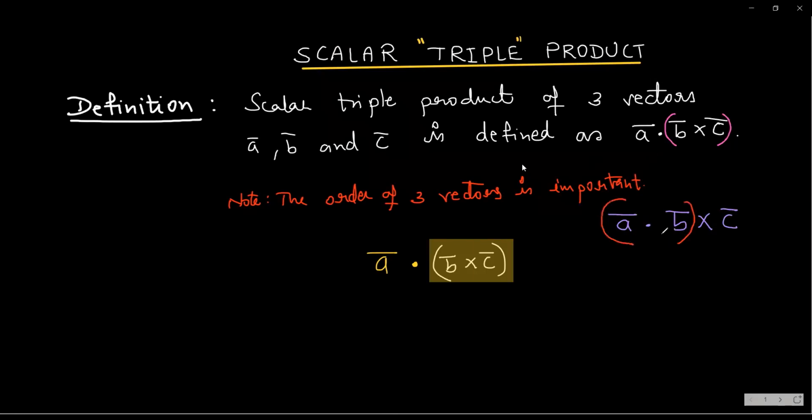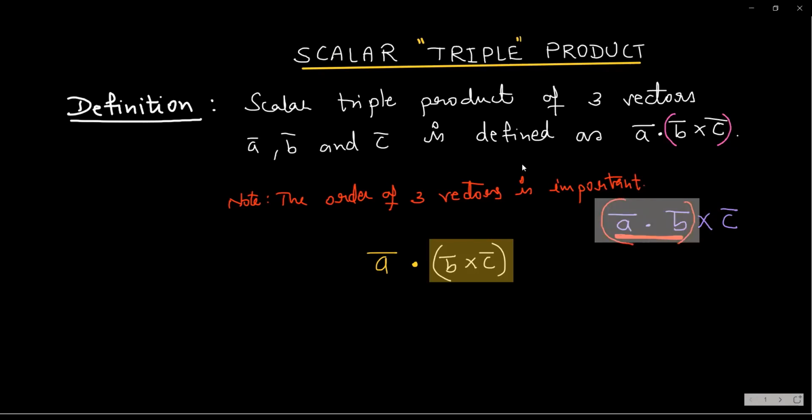See, if I go for the dot product first, A bar dot B bar, this will give you a scalar. You know, this is the scalar product of two vectors, and if you get the scalar product of two vectors, you get a scalar. So A bar dot B bar is a scalar. It's a number. It is not a vector.